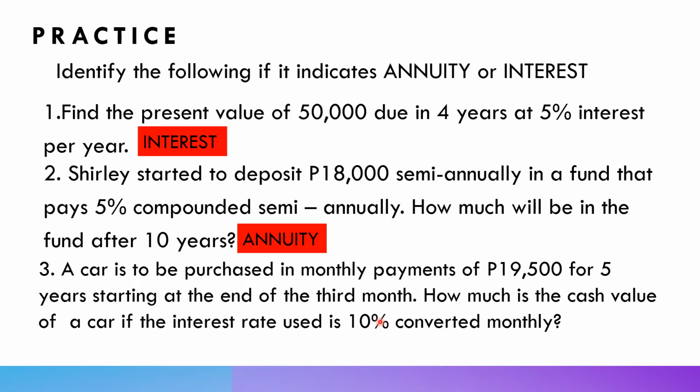This is an example of annuity because of the monthly payments starting at the end of the third month. Every month, he will pay the amortization for the car he purchased.